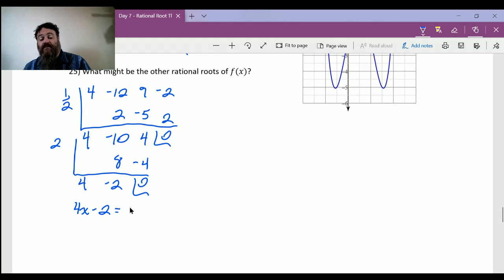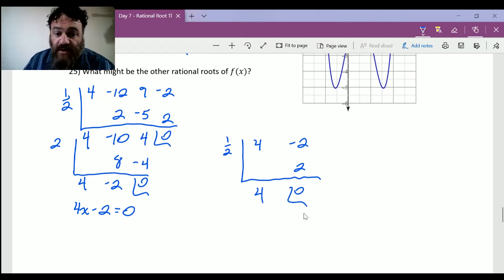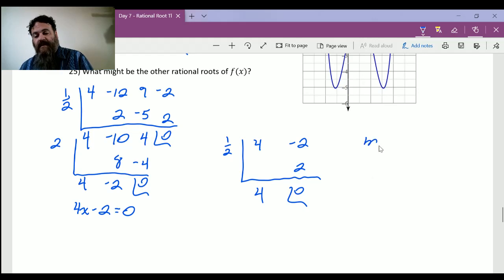You can set it equal to 0 if you want to, and you'll get to the answer that way. Or if we keep going with synthetic division, let's do 1/2 again. Bring it down, multiply, add. There we go. So if you remember the term we talked about previously, multiplicity, let me write that down for you.